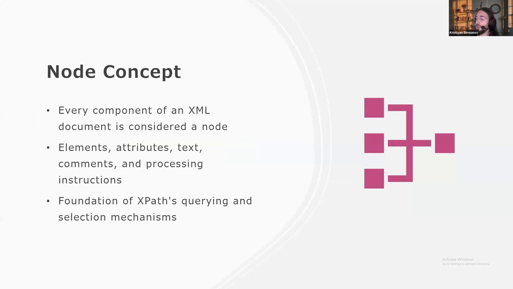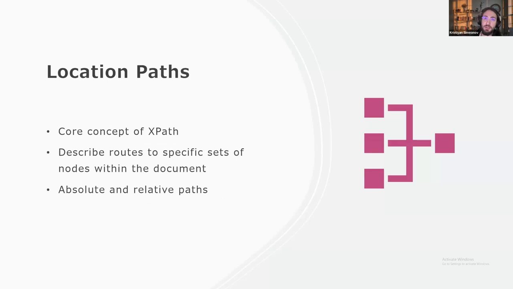This structure enables XPath to provide a robust set of capabilities for traversal and selection, as I told you before, and it has a node concept, meaning in XPath, every component of an XML document, ranging from elements to attributes, text, comments, and processing instructions, is considered a node. This comprehensive node model forms the foundation of XPath's querying and selection mechanisms, and we're going to see it in a couple of seconds in practice.